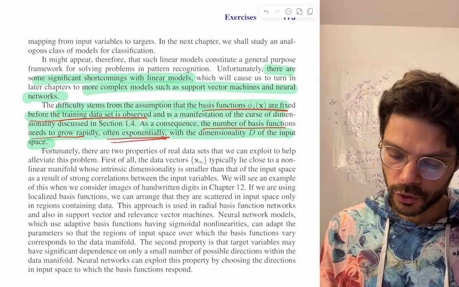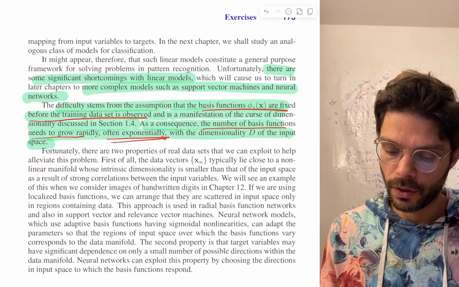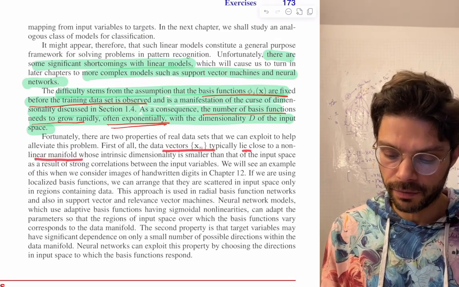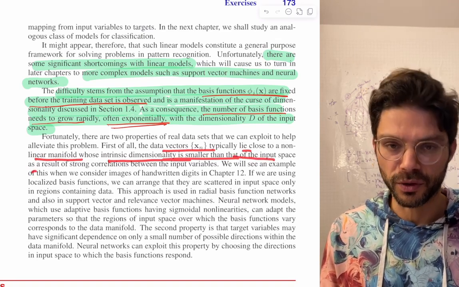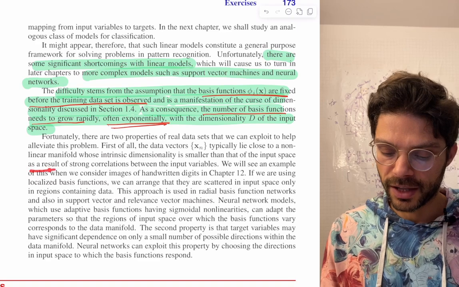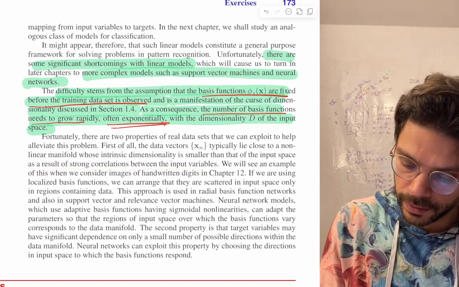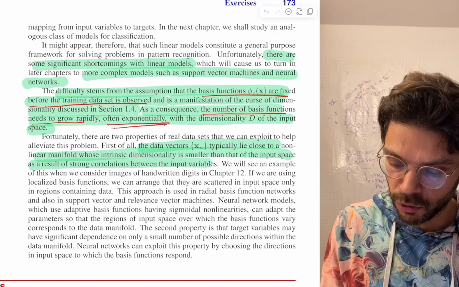Okay, fortunately, there are two properties of real data sets that we can exploit to help alleviate this problem. First of all, the data vectors typically lie close to a nonlinear manifold whose intrinsic dimensionality is smaller than that of the input space, or the extrinsic dimensionality, as a result of strong correlation between input variables. So this is the key thing, right? If the data really was high dimensional, then you'd be hooped.